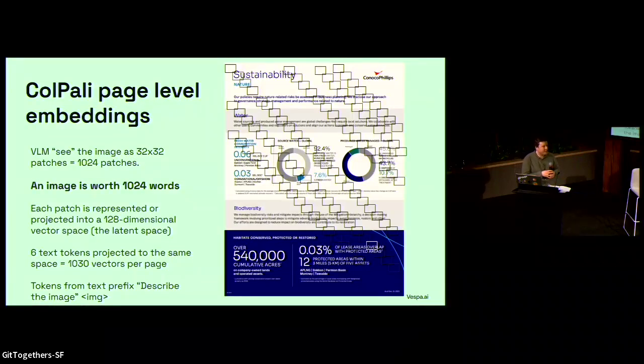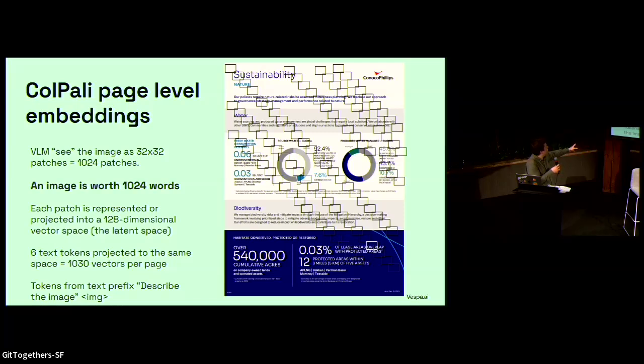So we can dive a little bit deeper into how this works. What you do is divide the image into 32 by 32 patches. This is standard for visual models. You don't combine all these patches into a single embedding, but you retain the individual embedding for each patch.